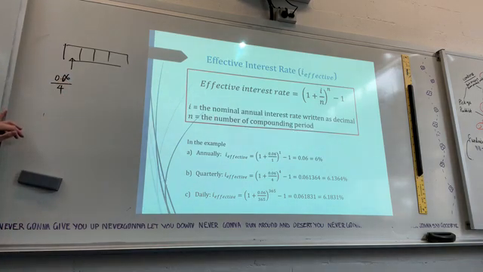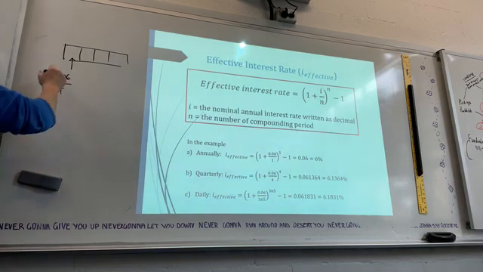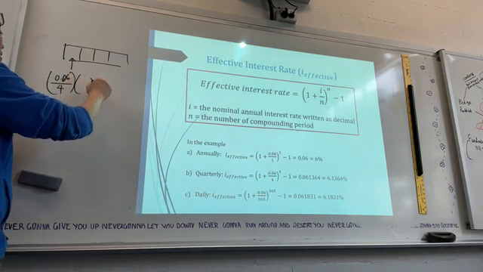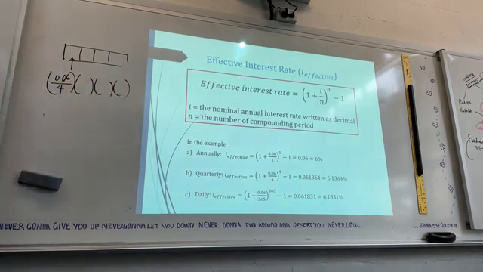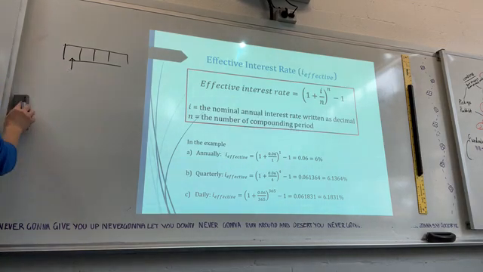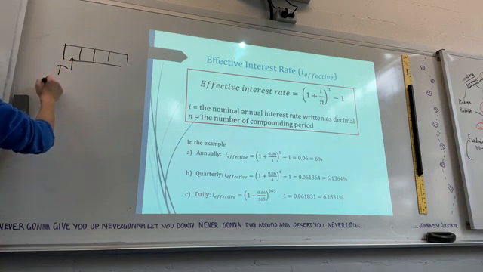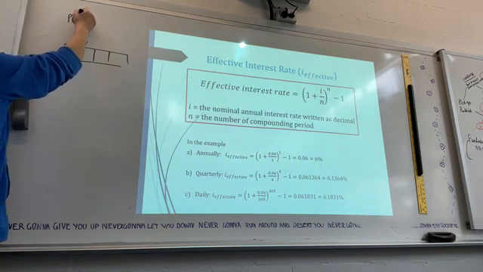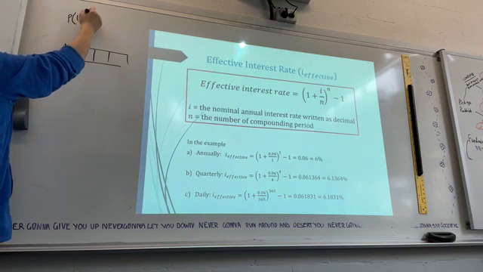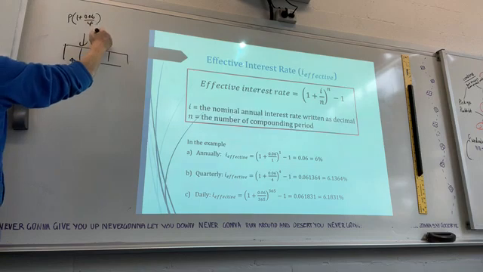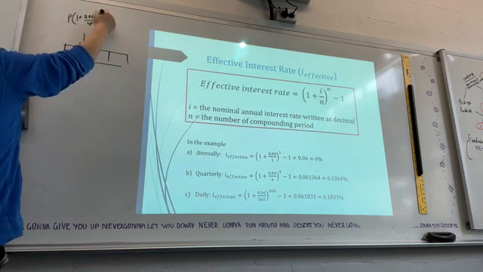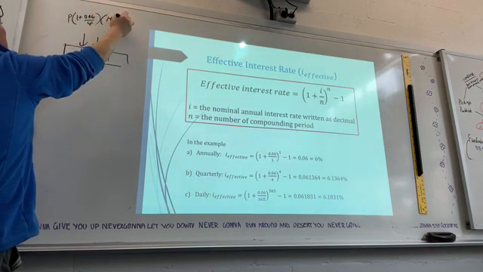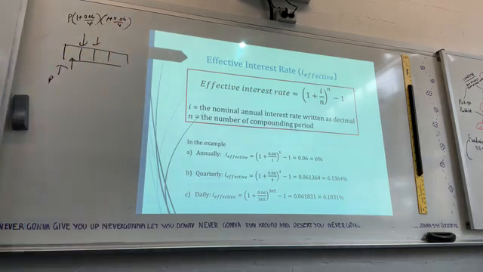And then you multiply 4 times. Basically, you've got the principal here. After the first period, it is the principal times 1 plus 0.06 divided by 4. The second one will be this times 1 plus 0.06 divided by 4, and so on and so forth.